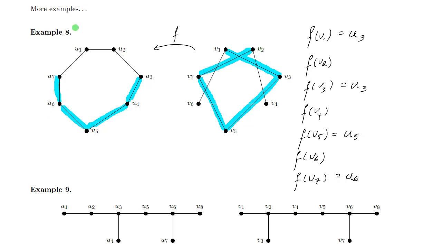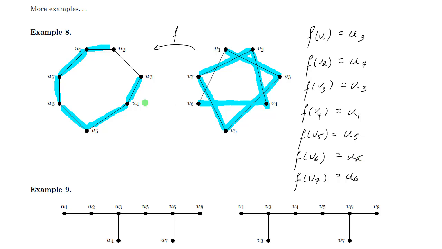So V2, I'm going to map that to U7, and then V2 is adjacent to V4. U7 adjacent to U1. So V4 will get assigned to U1, and then V4 adjacent to V6. U1 is adjacent to U2, so that means that V6 and U2 are going to be paired up together.